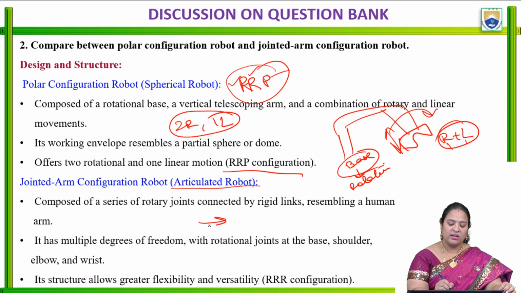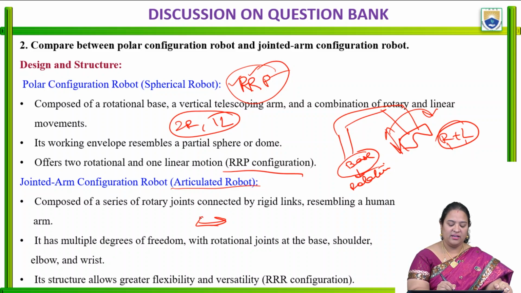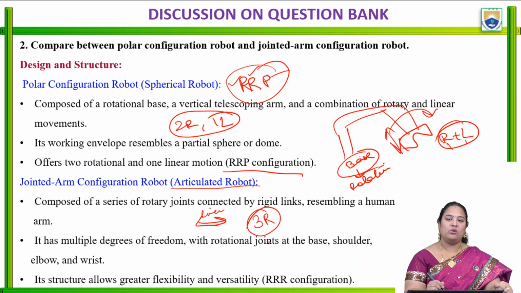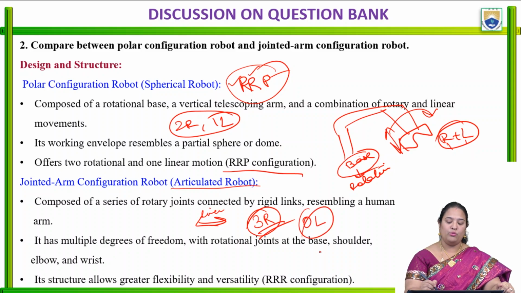Here there is no linear movement taking place. In this type of robot configuration, we don't have linear movement. All the movements are rotational, that is, three rotational movements. This robot will have three complete rotations and zero linear movements.